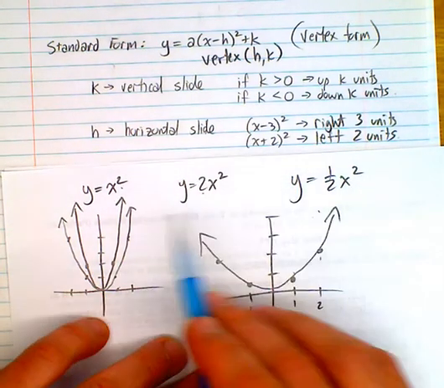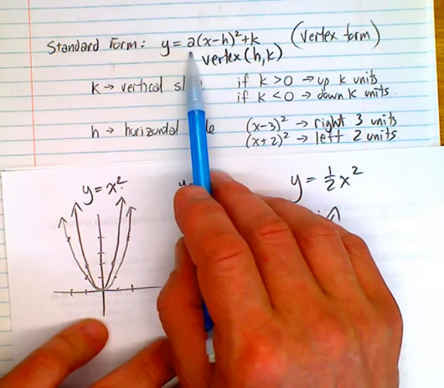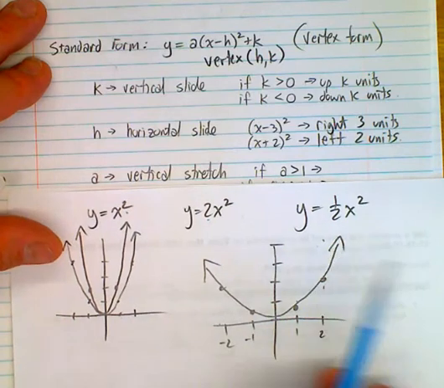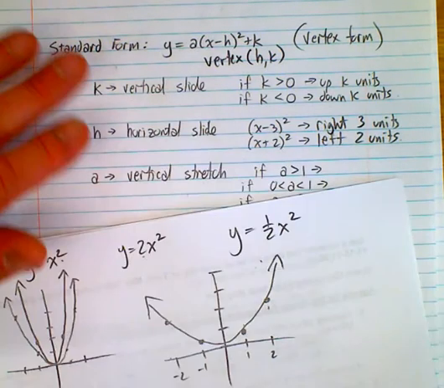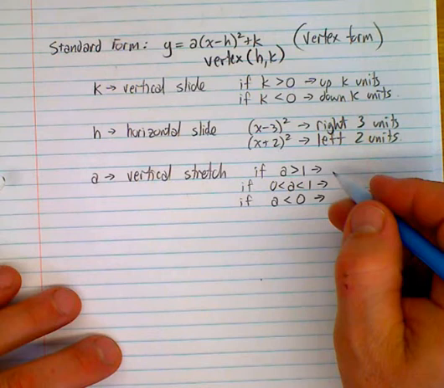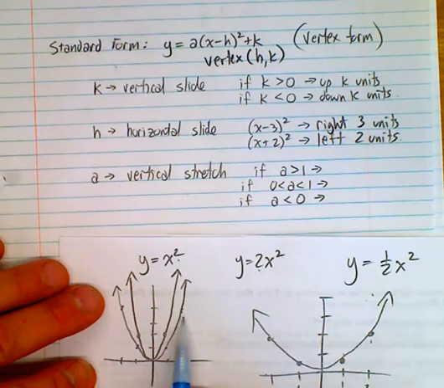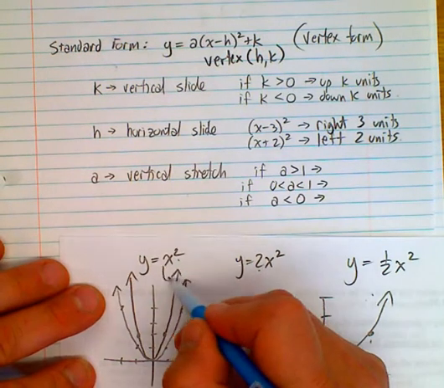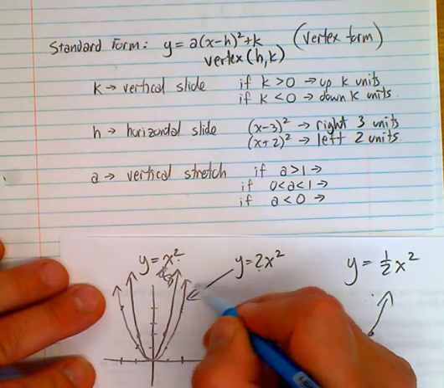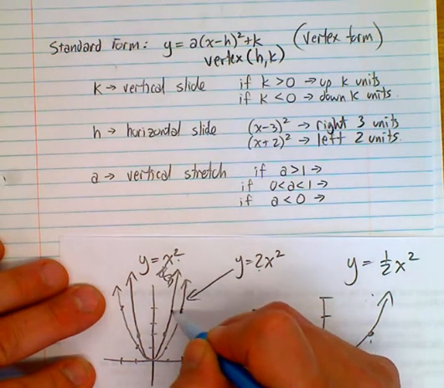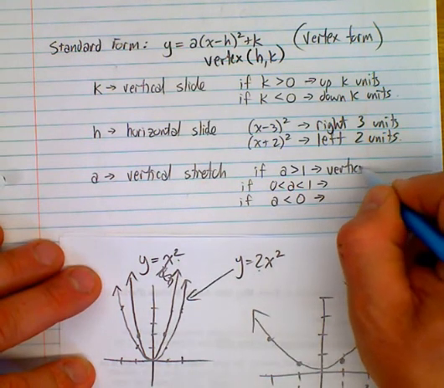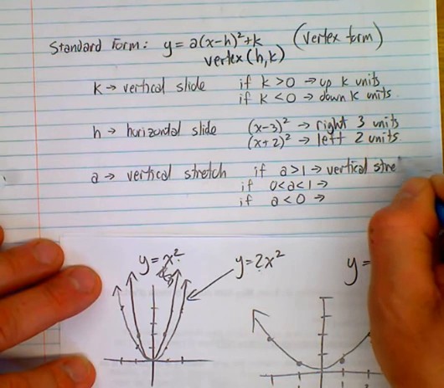So this a value in front here is what we call a vertical stretch, okay? Let's look at a bit of a summary here. If your a value is greater than 1, like 2x squared compared to x squared, that means it's a vertical stretch, okay?